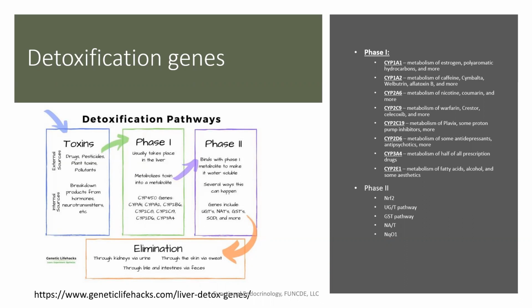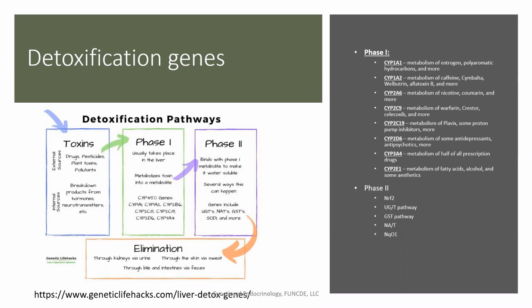And you can notice there are different CYP genes, and CYP genes are usually located in mitochondria. You can see on the right what different ones in phase 1 are responsible for: metabolism of estrogen, caffeine, Cymbalta, aflatoxins, coumarin, nicotine, Crestor, warfarin, and so on and so forth.